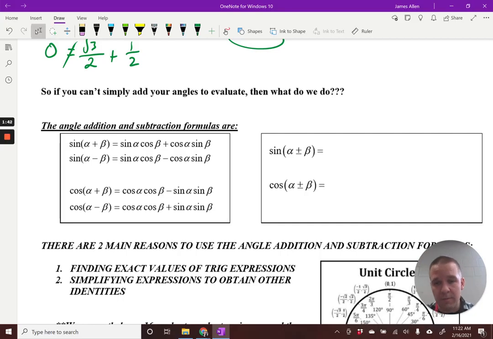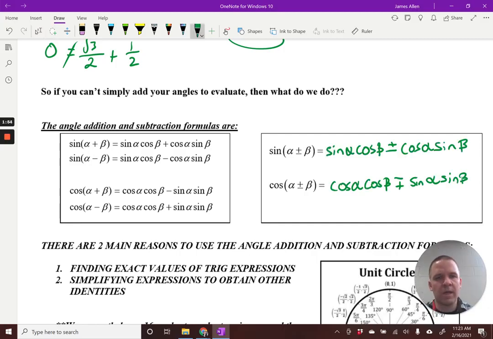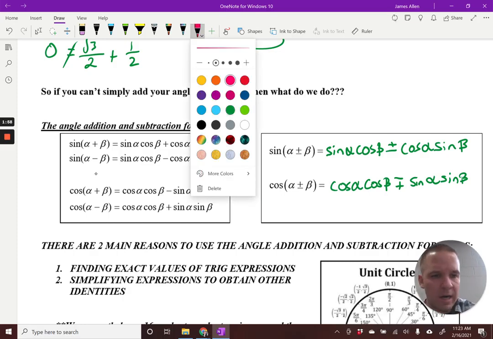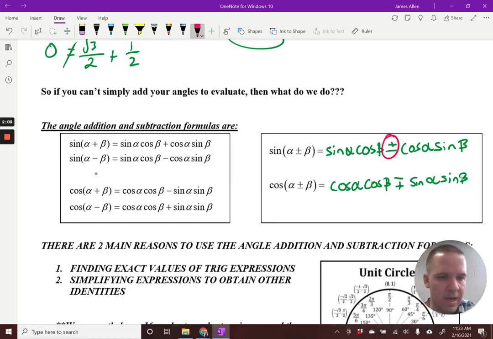For cosine, we have cosine of alpha, cosine of beta, and then it's minus when it's the sum formula, sine of alpha, sine of beta, and vice versa. We can also write these as a combo, with the plus minus, and then minus plus, because the sign changes for the second one.